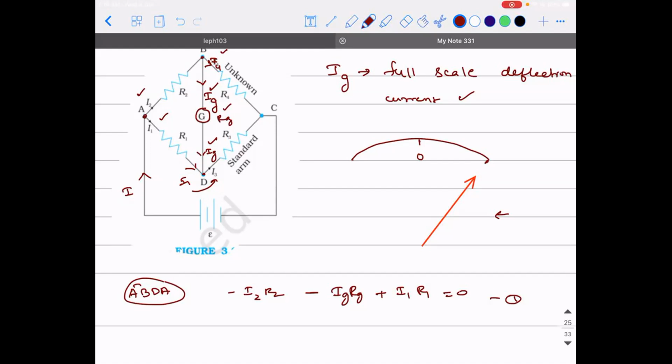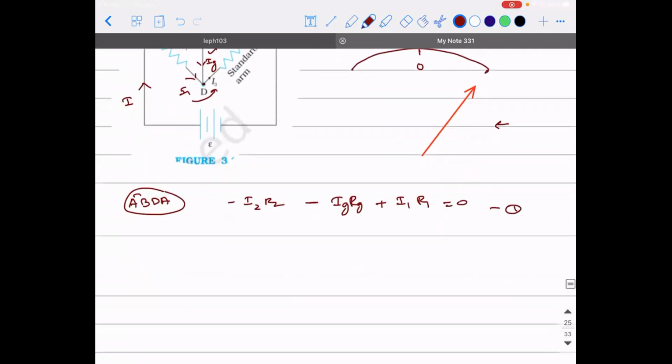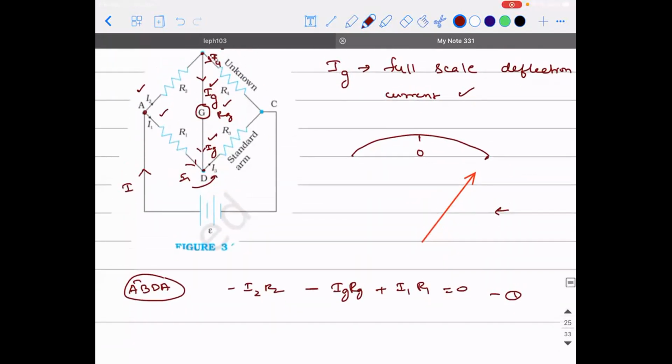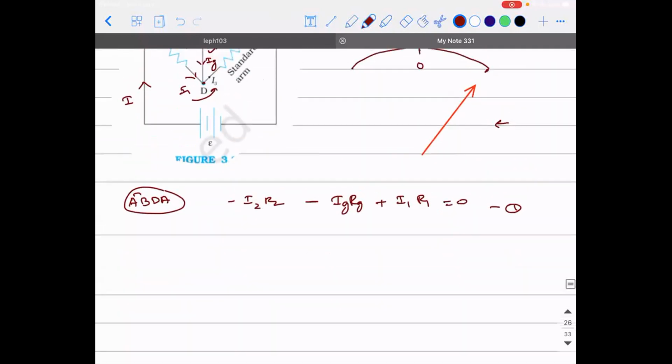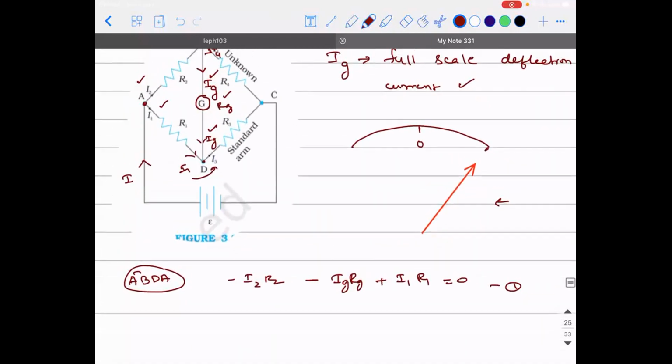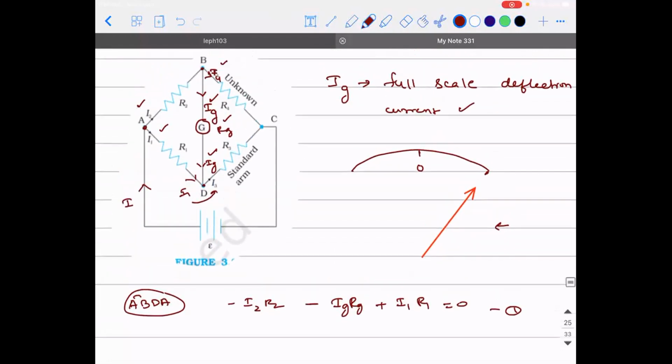Okay. Now listen. So I hope this equation is clear, guys. Similarly, if you take the loop, I have a doubt in this. Yeah, tell me. Could you explain how we got minus IGRG, sir? Because when you go from B to D, you're walking in the direction of current.